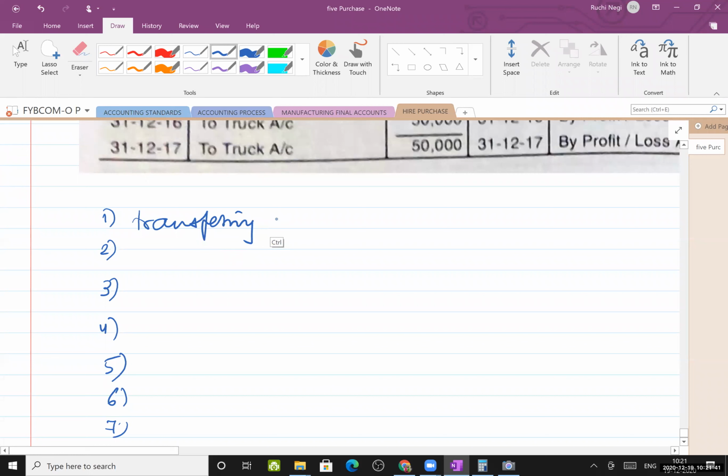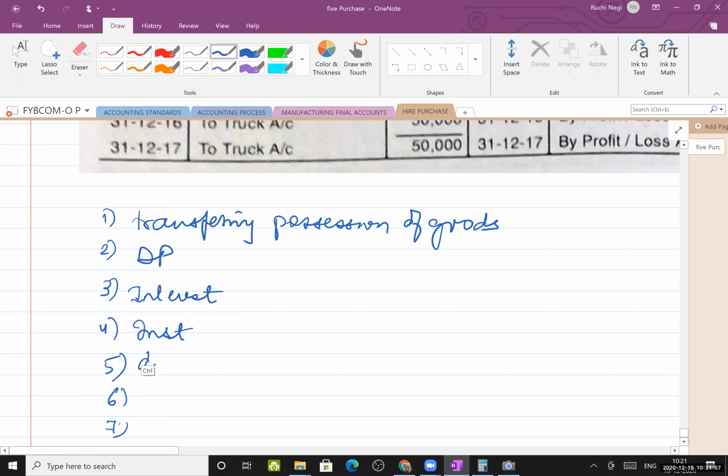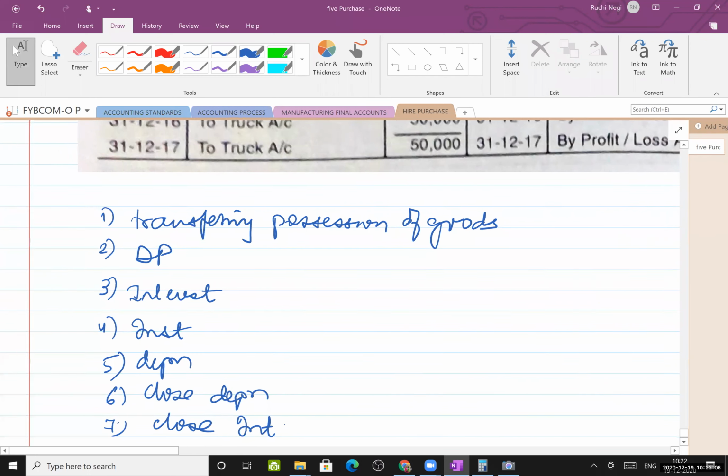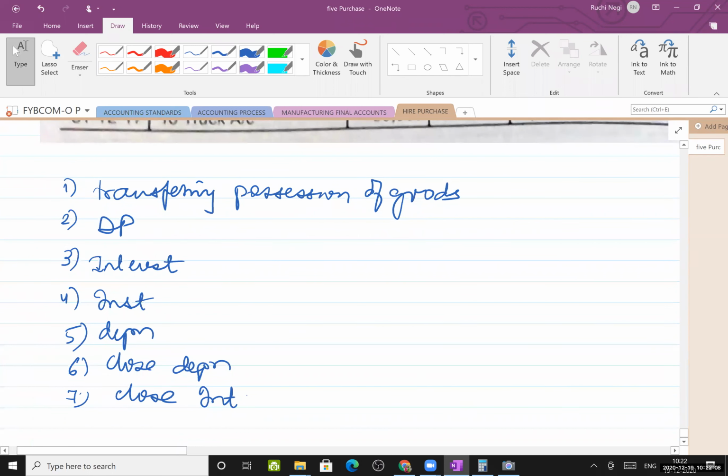Transferring possession of the goods. Then the next step is down payment. Next step is interest. Then the next step is installment. उसके बाद is depreciation, then close depreciation, and then close interest. I hope you remember these 7 steps. So you have to just keep posting these 7 steps there.